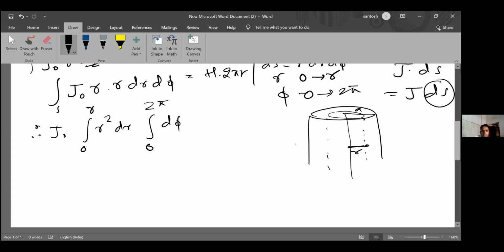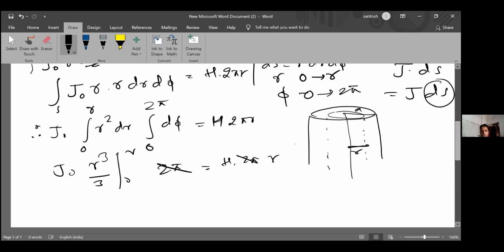So this is equal to h into 2 pi r. We get j naught, and this will be r cubed by 3 if we apply the limit 0 to r, times 2 pi, equal to h into 2 pi r.